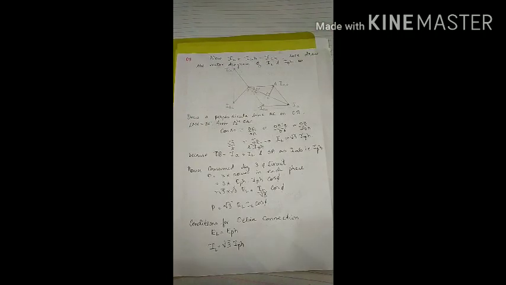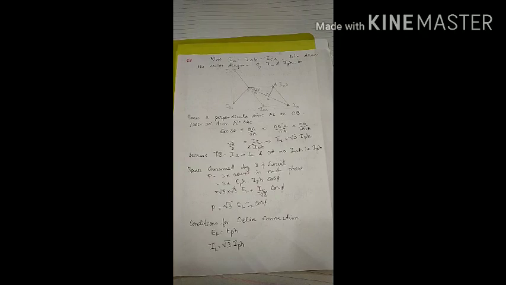In order to draw the vector diagram, you should make sure that your three windings or your three-phase supply are balanced, where all the three voltages have the same magnitude, and also they differ by an angle of 120 degrees with respect to one another.